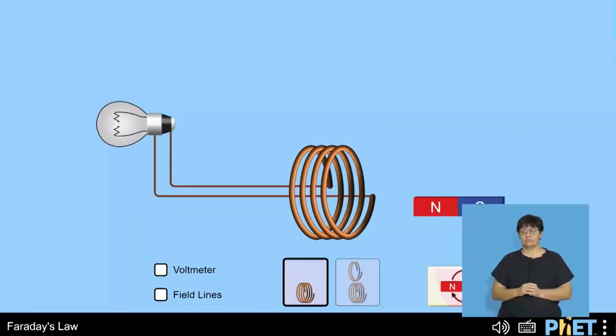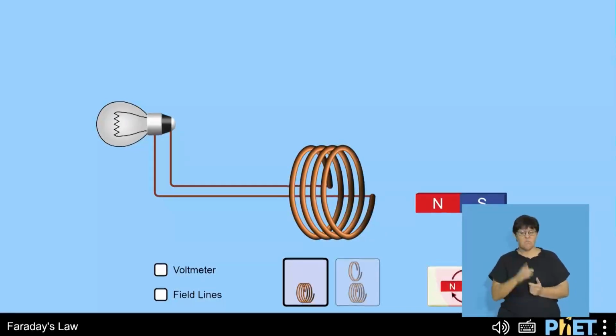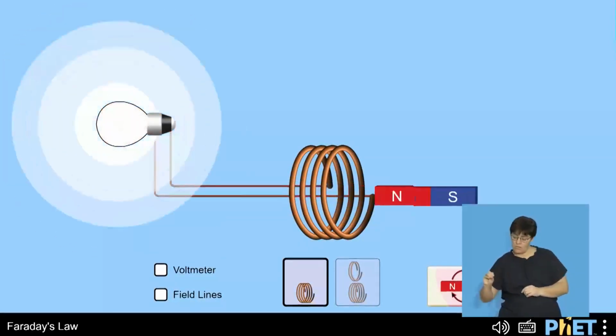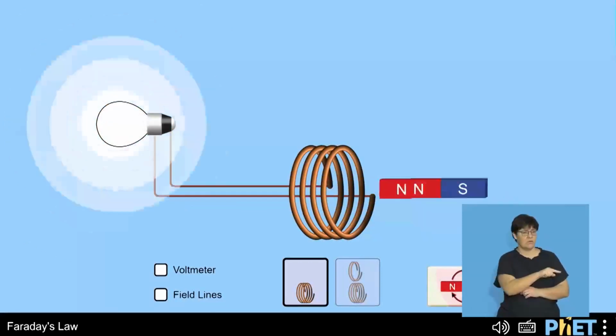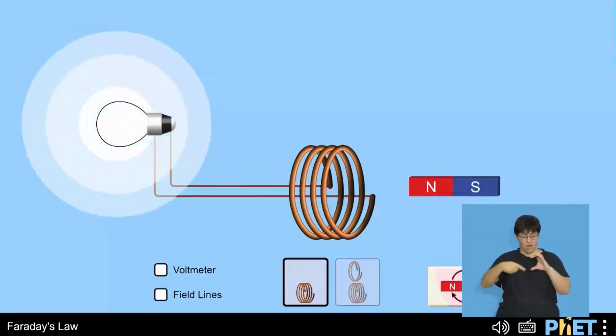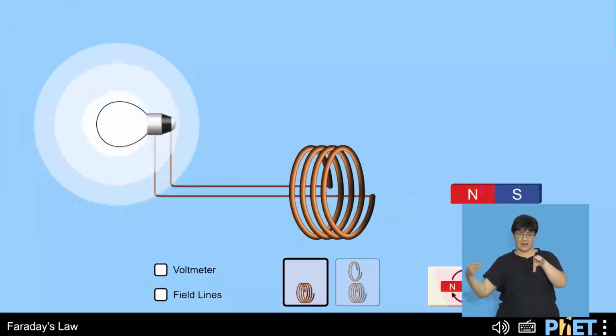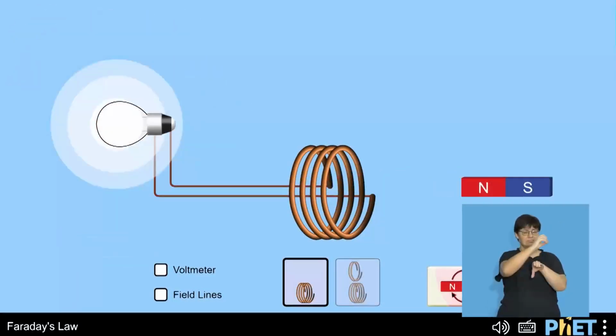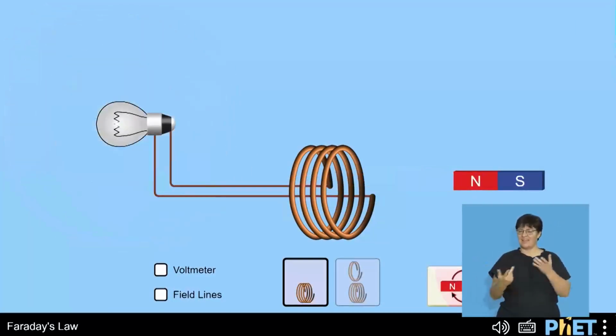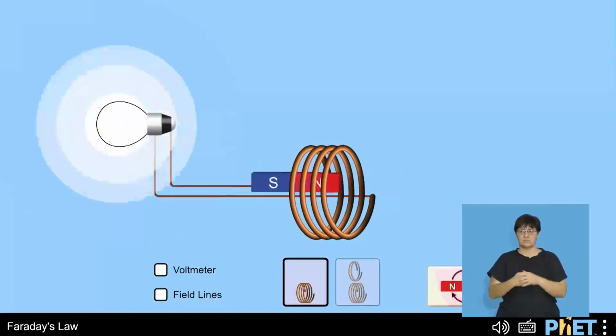Here's my magnet. And what I want you to see, I've made it really simple. I've connected this coil to a light bulb, and I'm simply going to move the magnet in and out of the coil. And what you notice as I do that is the light bulb goes on and off. Now, if I turn the magnet around, it doesn't make any difference.